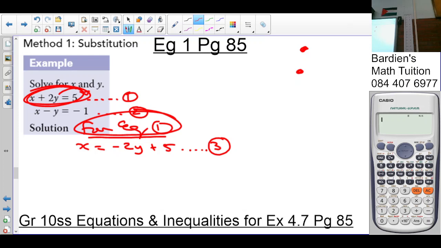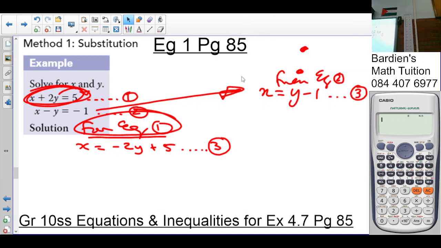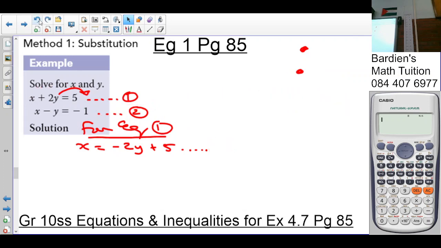If I had made x the subject of equation 2, then I would have said x is equal to y minus 1. And this would have been equation 3, and this would have been from equation 2. But because I took it from equation 1, that is why I've listed from equation 1. Okay? Any other confusion? No.